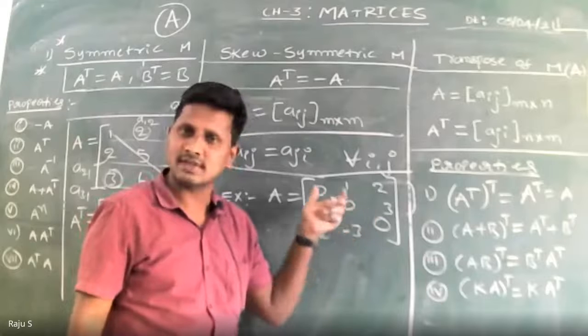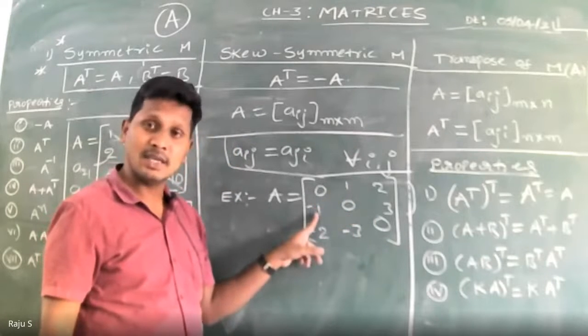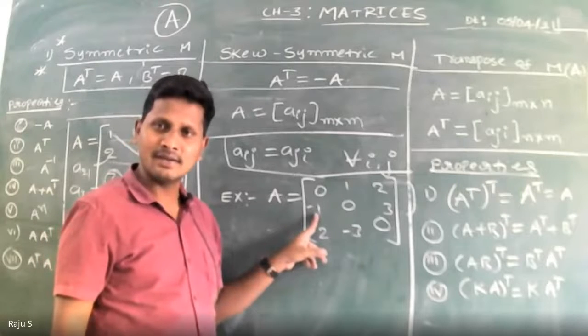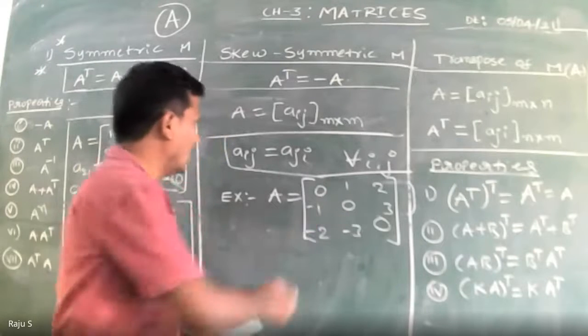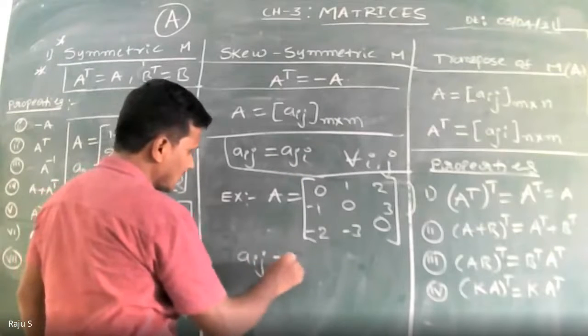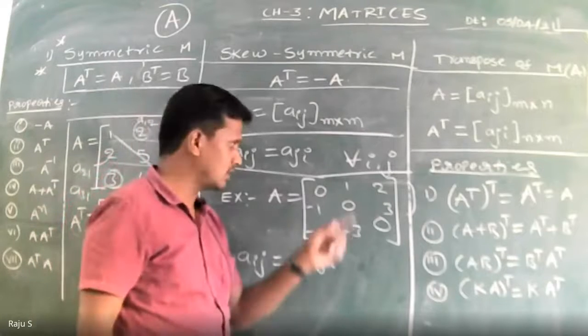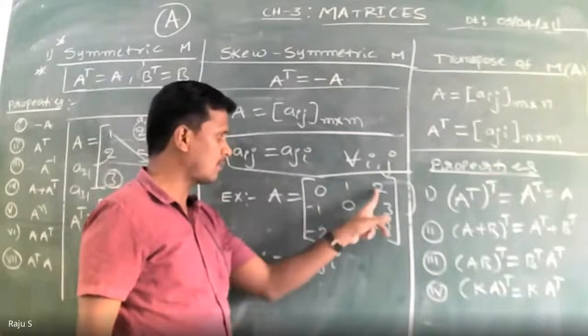Coming to the second point, Aij must be equal to minus Aji. So the sign will be changed. Here plus, here minus, here plus, here minus.